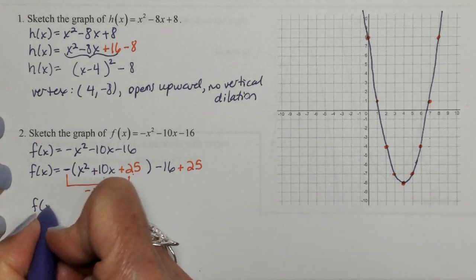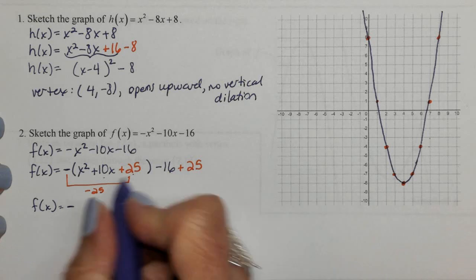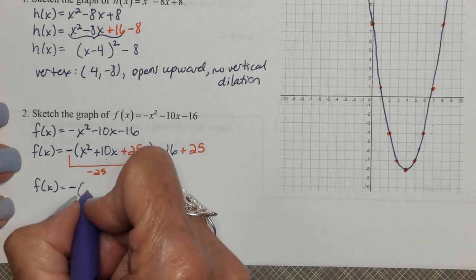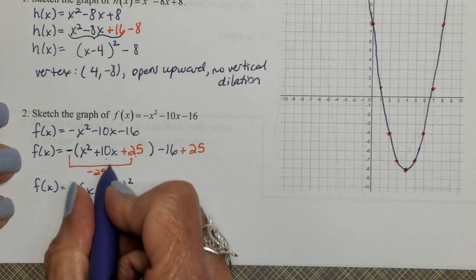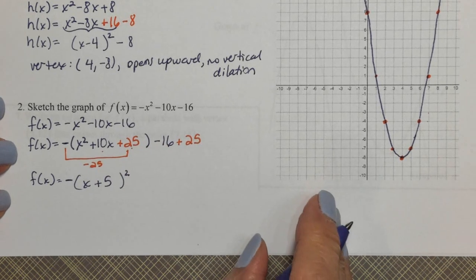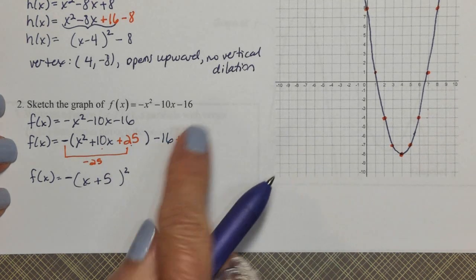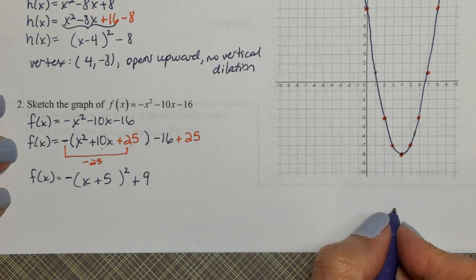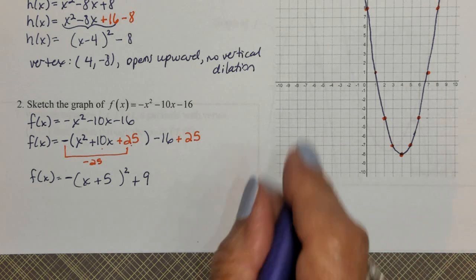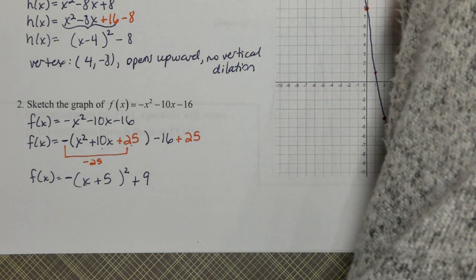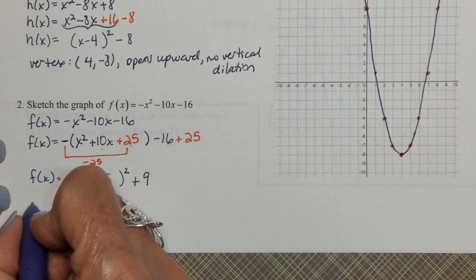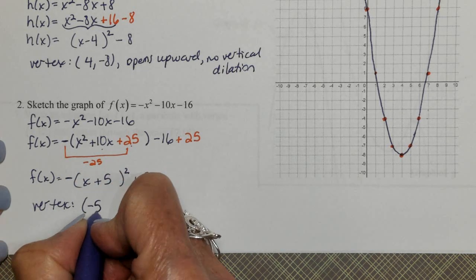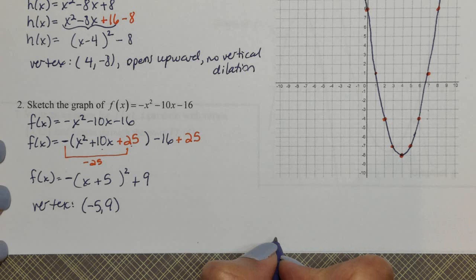Alrighty. Have that negative outside. Let's factor into our perfect square. This will be x plus 5. It's always just half of that 10, half of that b value. And then in the back now, I have plus 9. So the vertex of that parabola is negative 5, positive 9.